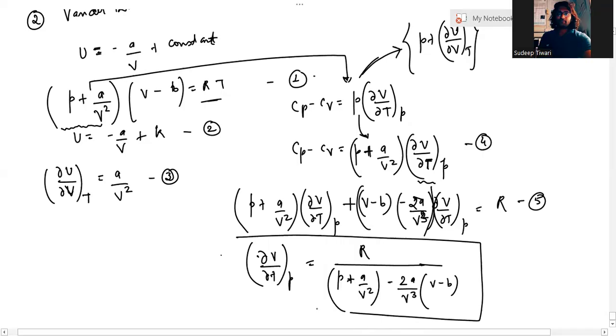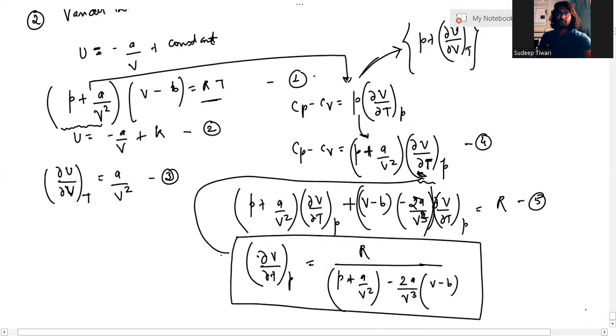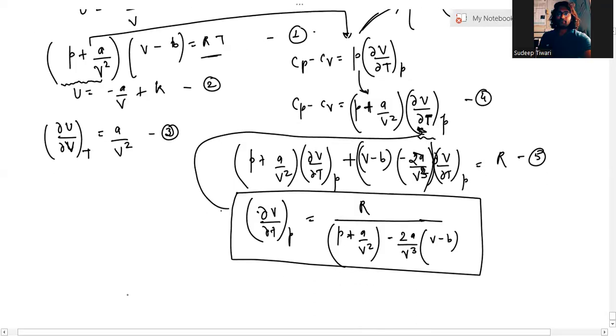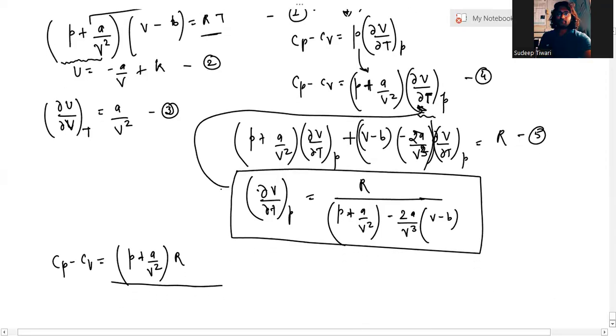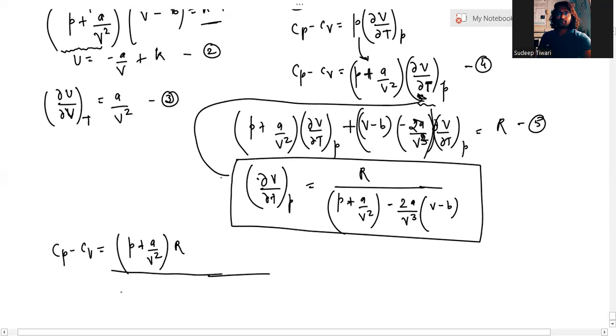Okay, so what I can do, I can replace this here. I'll simply write Cp minus Cv. So Cp minus Cv is nothing but P plus A by V square into R upon, I think this is quite complicated now, P plus A by V square minus 2A by V cube times V minus B. So this is for non-ideal gases.